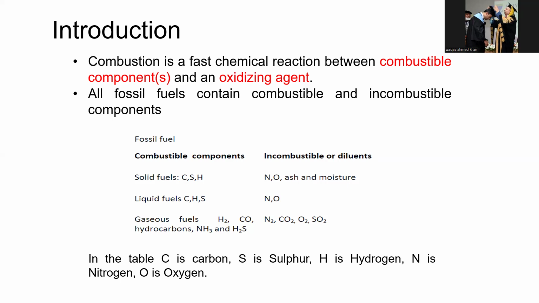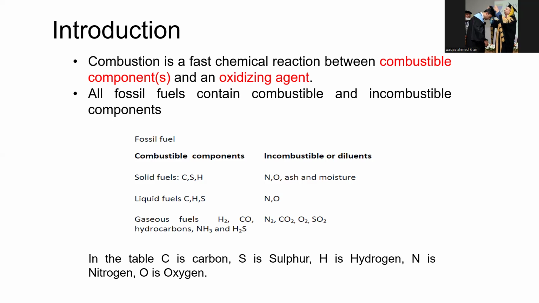Now, before going to the topic, I would explain what the essential ingredients are to complete a combustion reaction. One is the combustible component. It can be either solid fuel, liquid fuel or gaseous fuel. The other one is the incombustible, that is the oxidizing agent, which is also important.